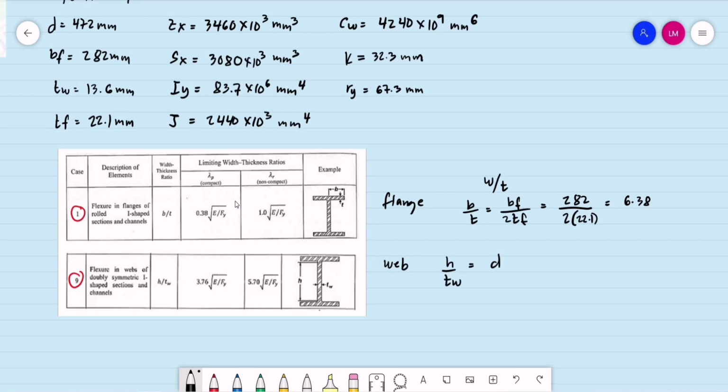or simply equal to the total depth of the beam minus twice the value of K, then divided by the thickness of the web. What is the total depth of the beam? We have 472 minus twice the value of K, which is 32.3, then divided by the thickness of the web, 13.6.